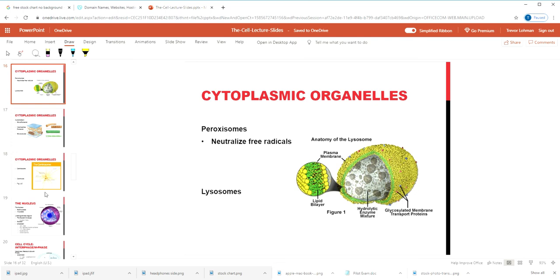Lysosomes look similar. They're vesicles, but they have proton pumps in them. And if you remember from chemistry, how do you measure how acidic something is? Well, you put it in water, and then you measure how much hydronium, which is H3O, is produced from the addition of that substance.